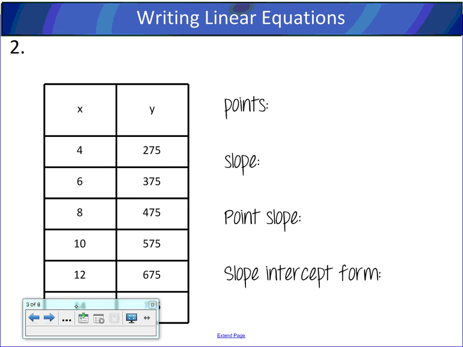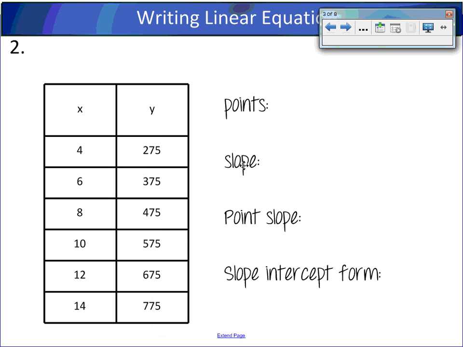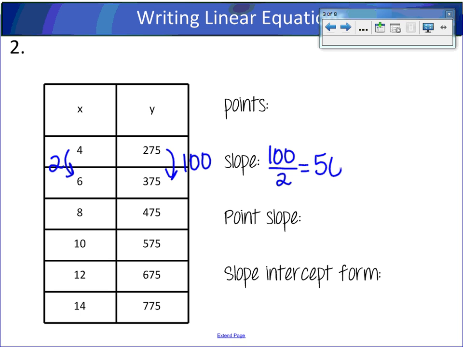All right, next up, I'm going to move this over here. This is just in the way. Again, we're going to find the slope. So I always look here, and I see that I'm going up by 100. And then 4 to 6 is going up by 2. So 100 over 2, which reduces to 50. Again, I can pick any points that I want.